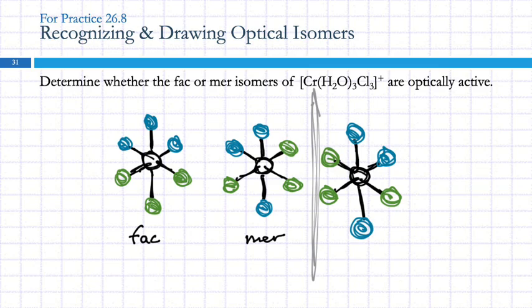They're facing each other, right? So now let's see if I can make them be the same. And yes, I can. You see, so the greens are lining up, and the blues are lining up with each other. So those are the same molecule. So that's not optically active. That's just the same thing.